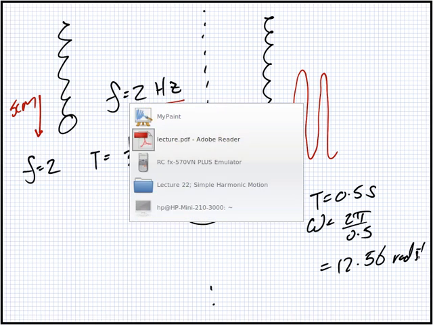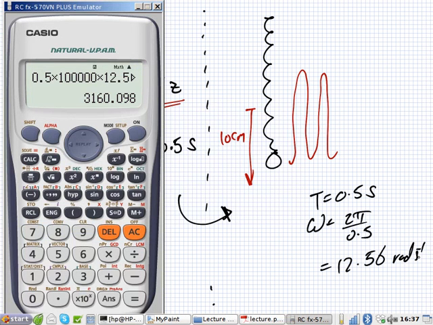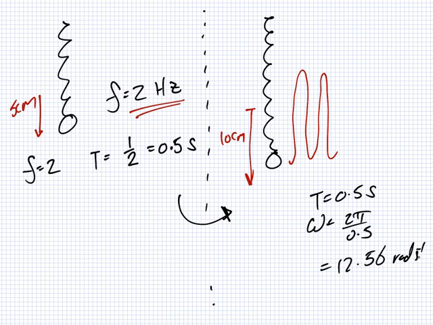Now, we want to know the velocity after 0.7 of a second. Am I using cos or sine if I pull it down to the bottom and release? Velocity. Sine. A omega sine omega t.